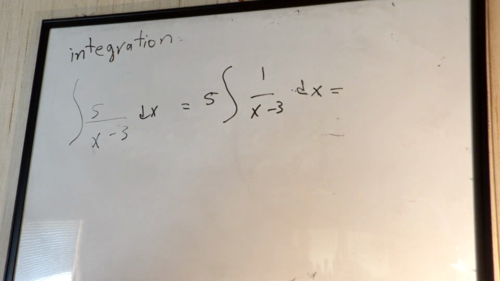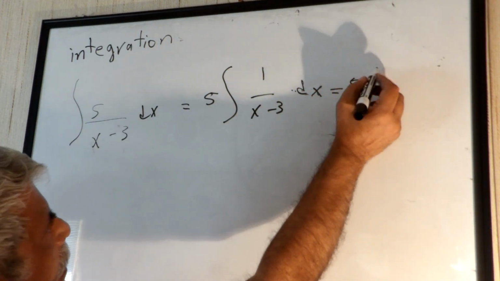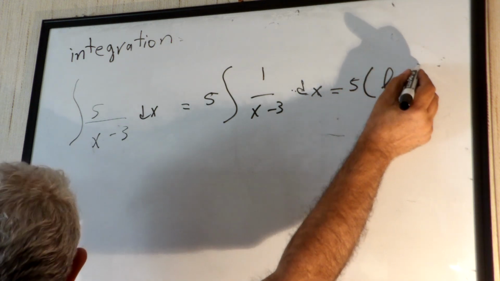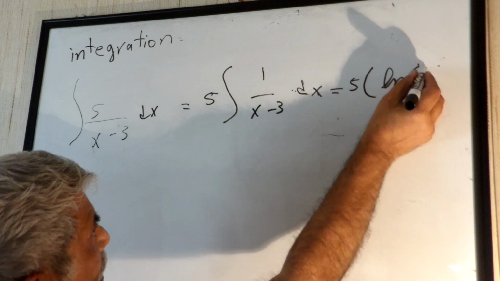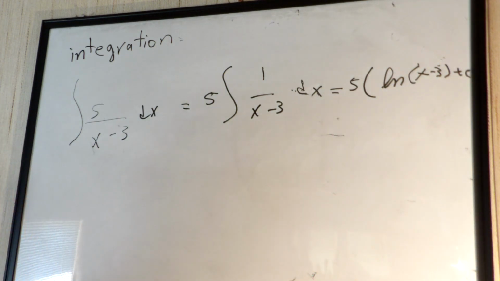Then this one is going to be 5 times ln of x minus 3 plus c.